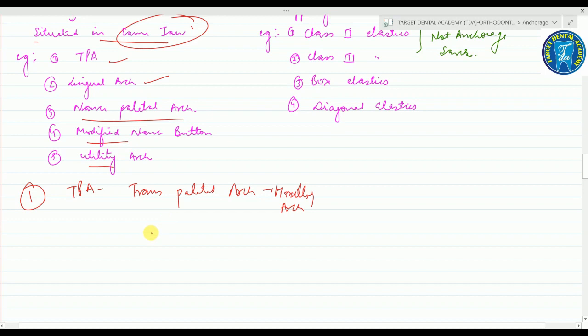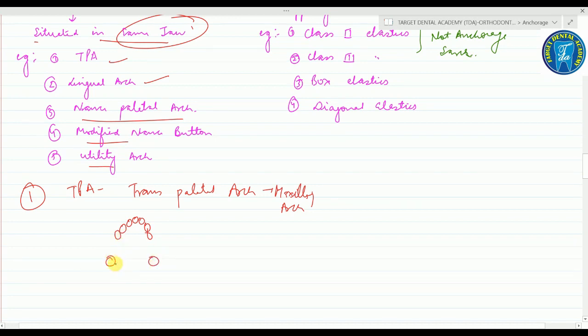So this is the canine, your incisors, and this is your molar. These are your molars, and the TPA is like this.